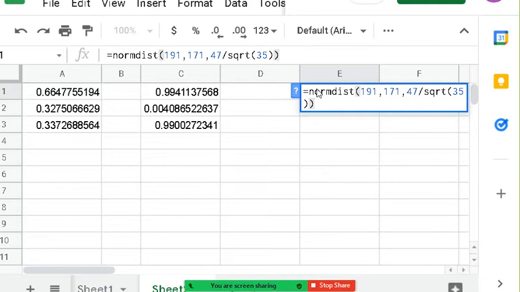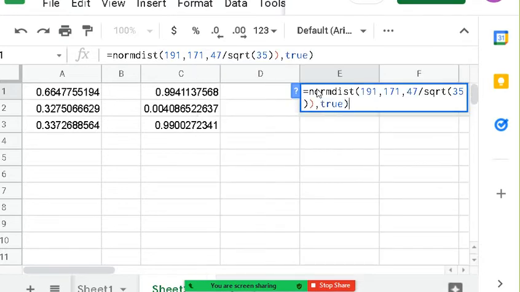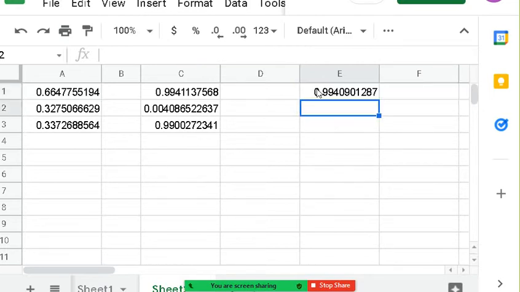Hey, Google's got enough money. It can work a little hard. So, comma, true, and then bam. Now, I should get something very close to what I got in column C. Maybe I do. Bam. There you go.